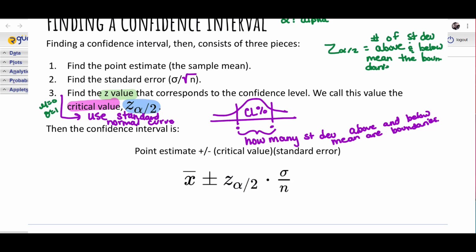I ran out of space there. Let me just rewrite boundaries as one word on the next line here.